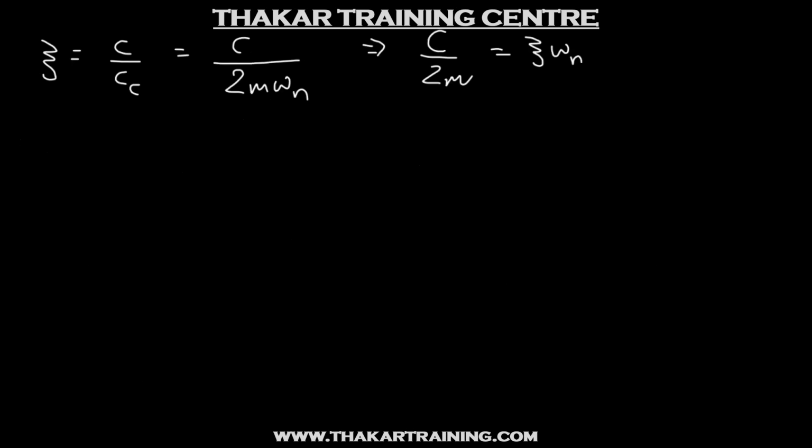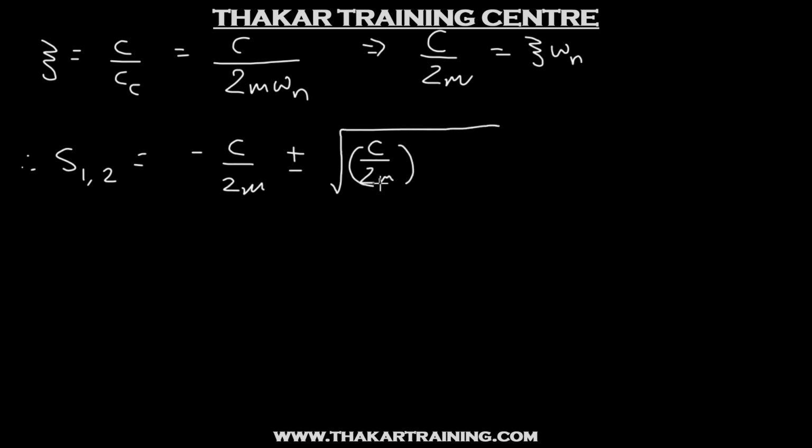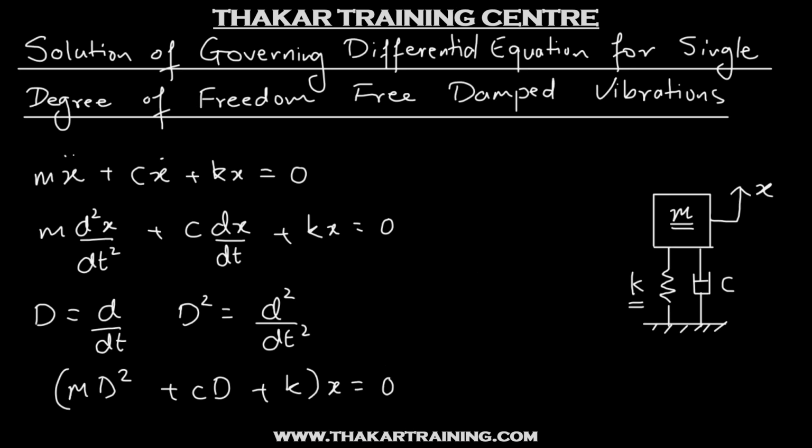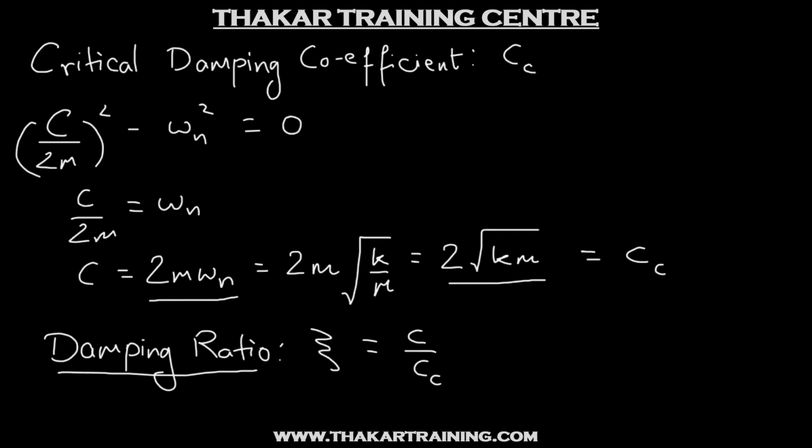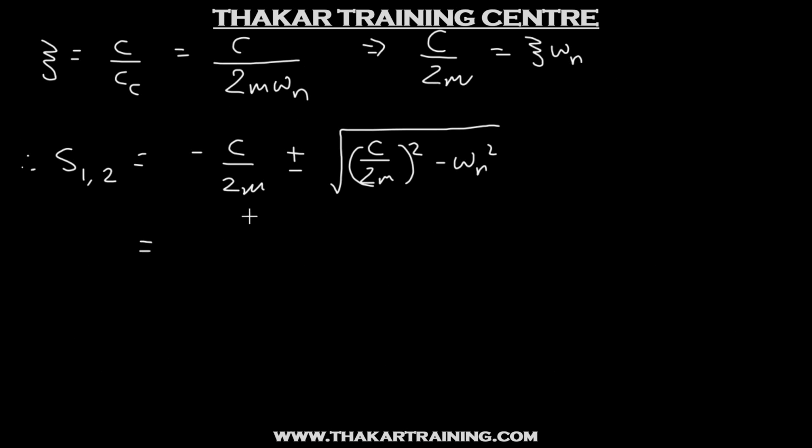Alright. So therefore S12 will now become, I'll just rewrite what we had written earlier and then substitute: minus C by 2m plus or minus the square root of C by 2m the whole square minus omega n square. Just verify, this is what we had written earlier. And now just replace C by 2m with zeta omega n.